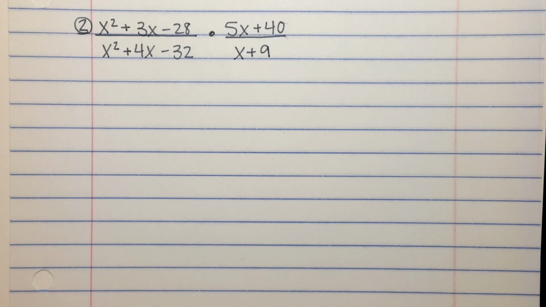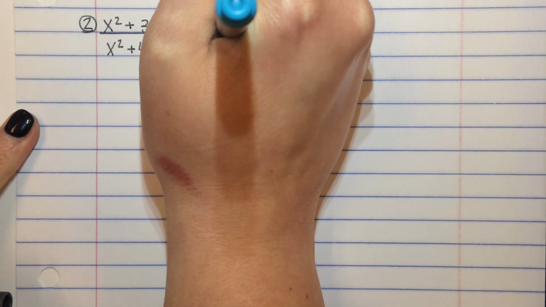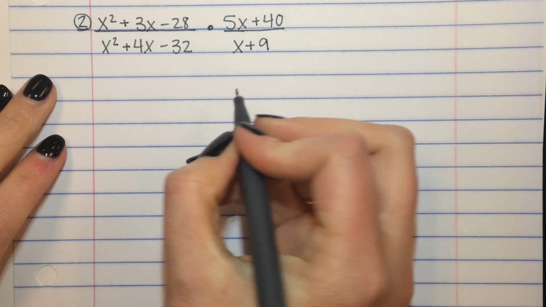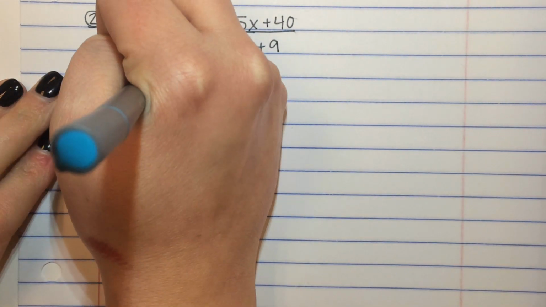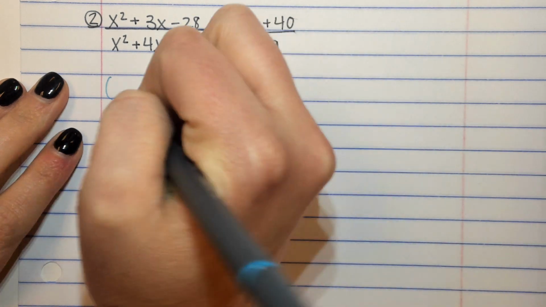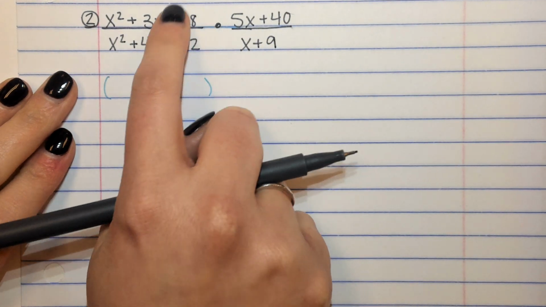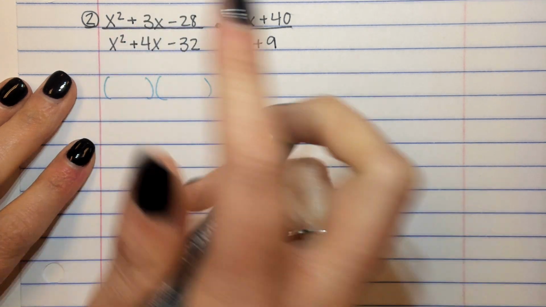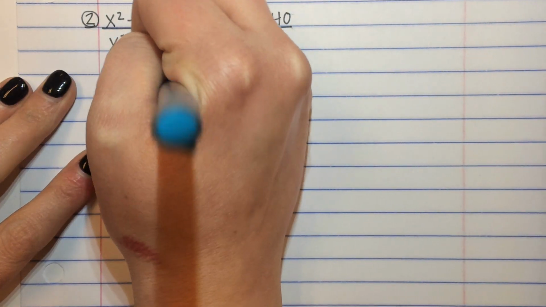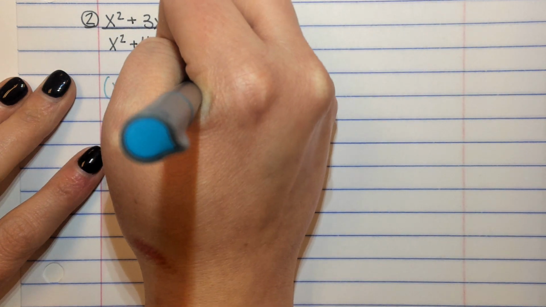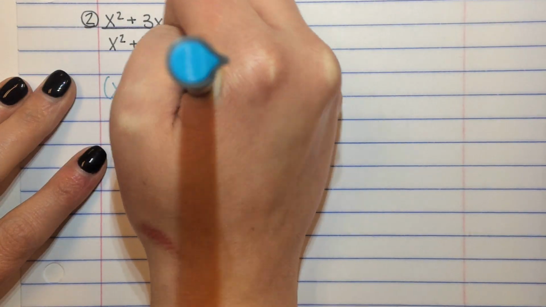We're multiplying, so we can go ahead and think of it as just one big fraction, okay? And we can factor. So these should be a little bit easier to factor than the last one. So two numbers that multiply to give us 28 and add to give us 3. So that's going to be 7 and 4.